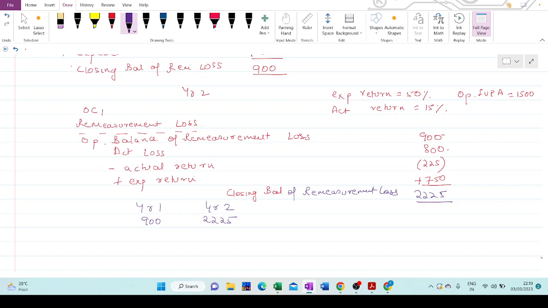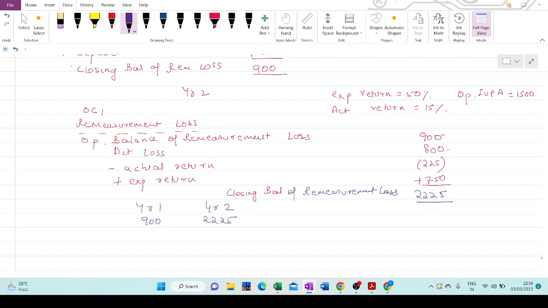If currently actual return is less than my expected return, causing my remeasurement loss to increase, later on this is going to reverse when actual return exceeds the expected return. Why so? Because we are using a very low expected return assumption, right? So if currently I am experiencing a remeasurement loss because my actual return is less than my expected return, later on this is going to reverse. Why? Because I am using a very low expected return assumption, right?